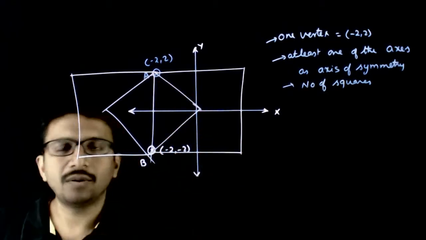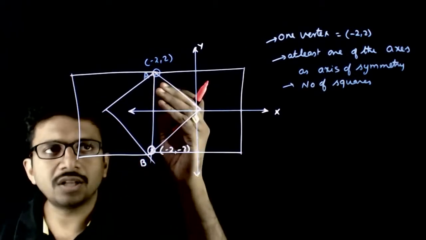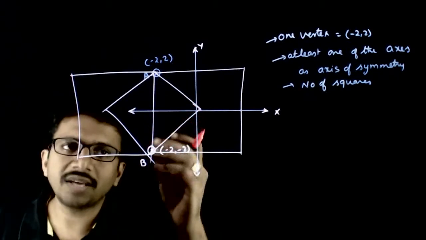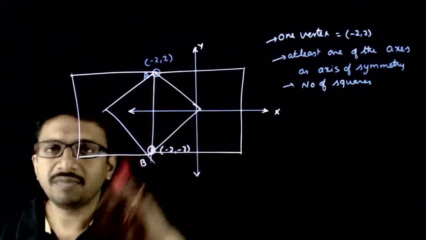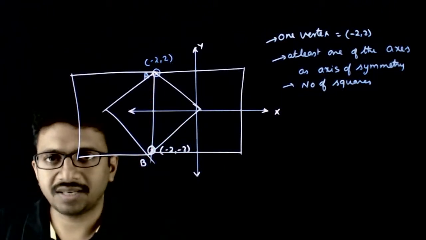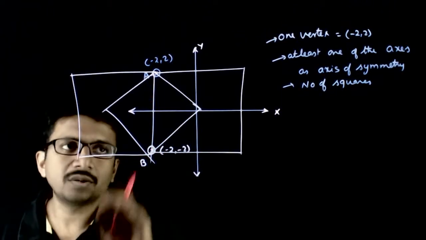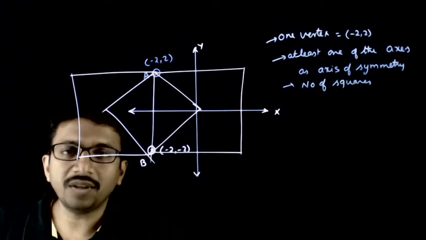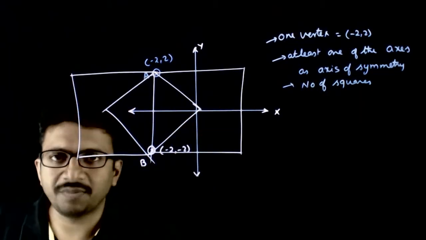This square is also symmetric about the x-axis, but there is only one square for which A and B are opposite vertices. There is no third square. So totally you have three different squares till now, with the x-axis as the axis of symmetry.